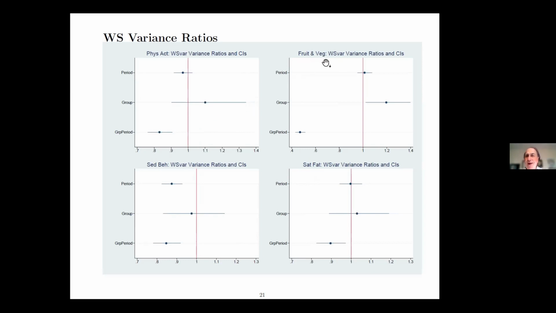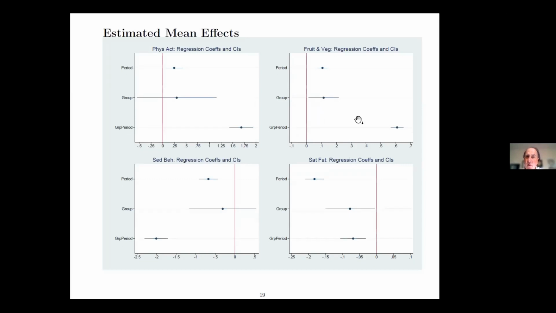Similarly, we see the same kind of pattern for fruits and vegetables. Okay? No significant effect for period, for group. Okay, that's a bit of a group difference at baseline. But the thing that really stands out is the group by time interaction. So in terms of the mean, what we saw for fruits and vegetables was the group that was targeted increased their level of fruit and vegetable consumption.